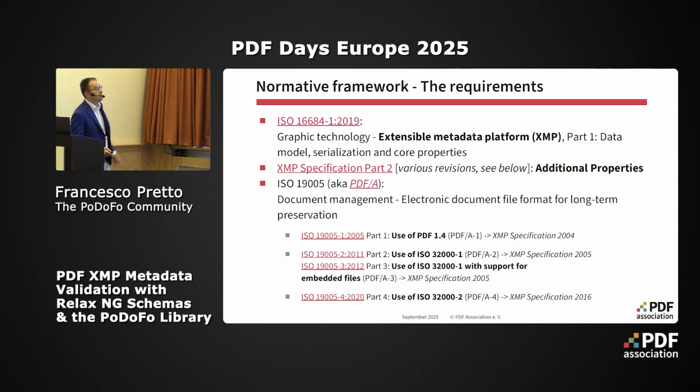So in PDF/A 1, you have specification from 2004, PDF/A 2 or 3, specification from 2005, and in PDF/A 4, you have specification from 2016. Together comes the document from 2019, but this is only the basic properties.